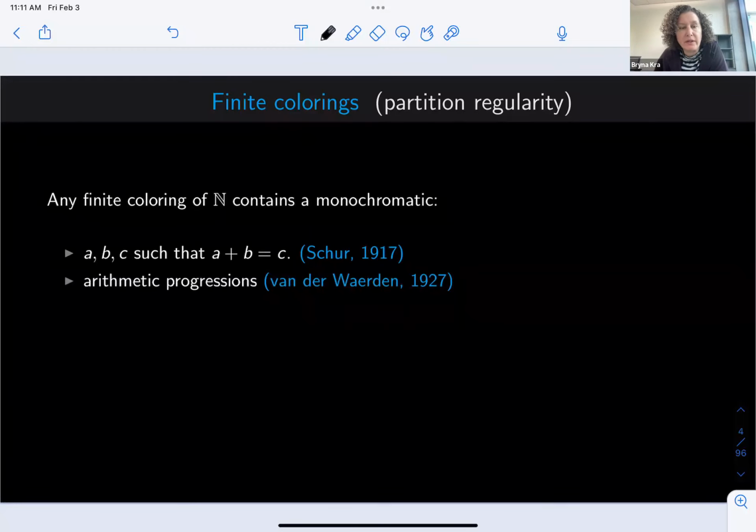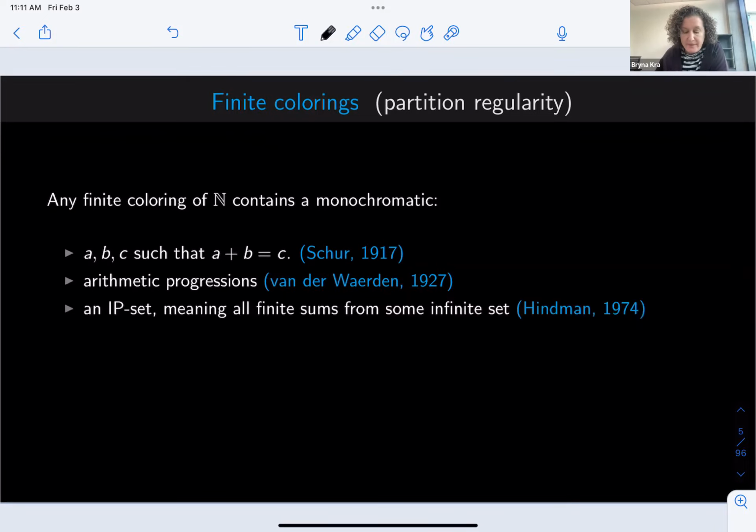And there are lots of others. There are famous ones like van der Waerden's theorem, which says that there's a monochromatic arithmetic progression of whatever length you're looking for. And there's Hindman's theorem, which says there is a monochromatic IP set.